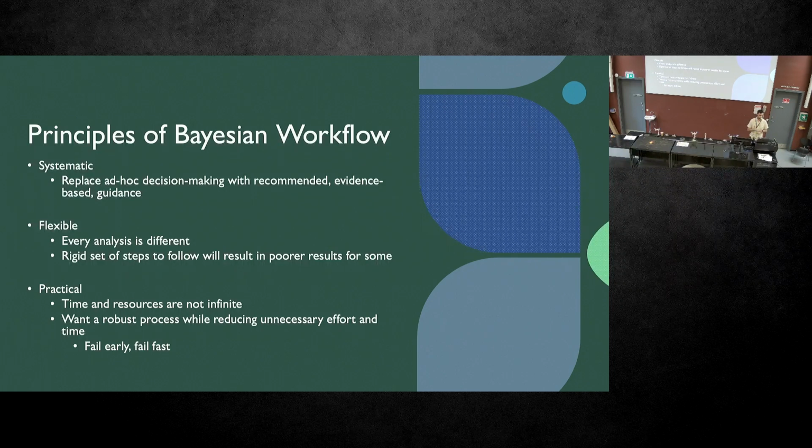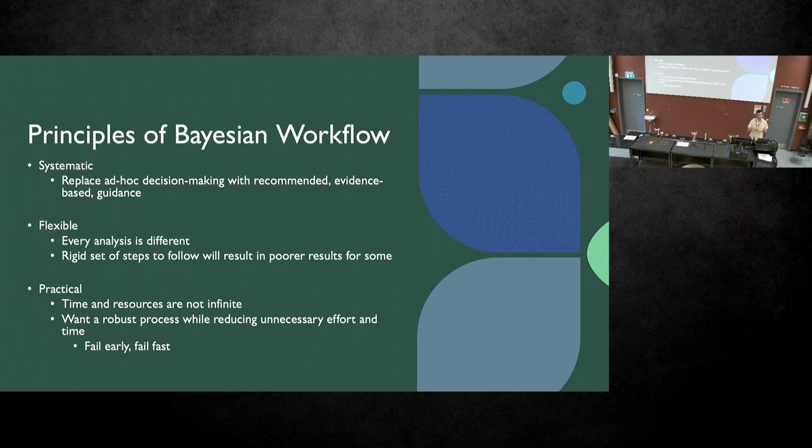However, one of the really key things that we emphasize with Bayesian workflow is this idea of practicality. One of the additional complexities of Bayesian inference is that it does take somewhat more resources than frequentist inference or just basic optimization. We do have this extra sampling that needs to be done, estimates to be stored, things like that.